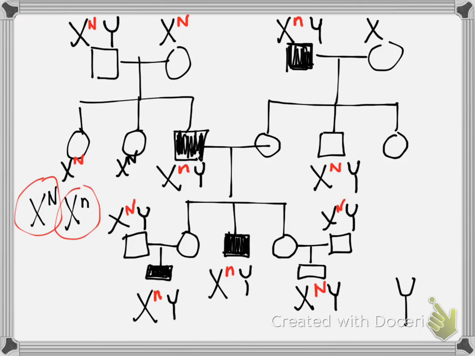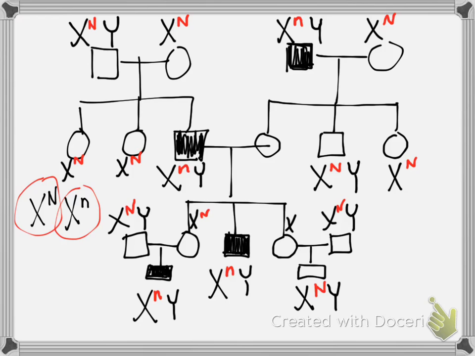We know that each one of these females has a big N because they're not colorblind. Oh, she's going to be hard to write in a genotype for, isn't she? You got them all?